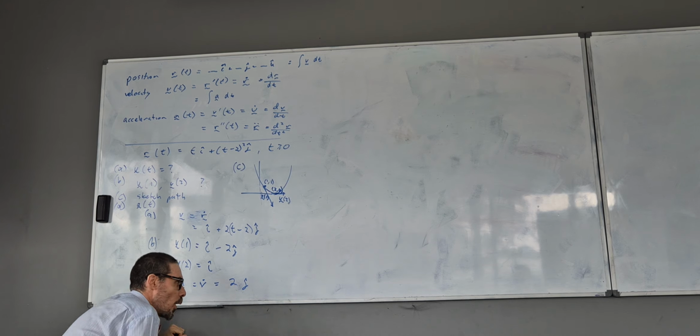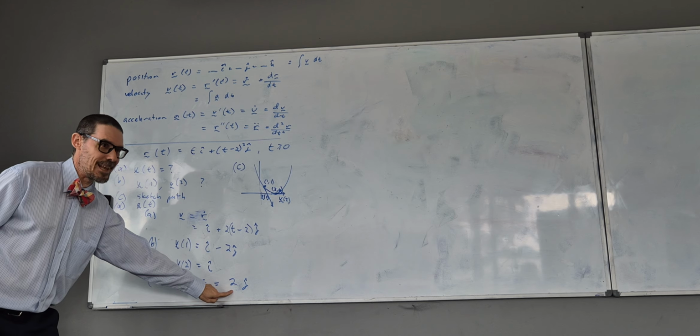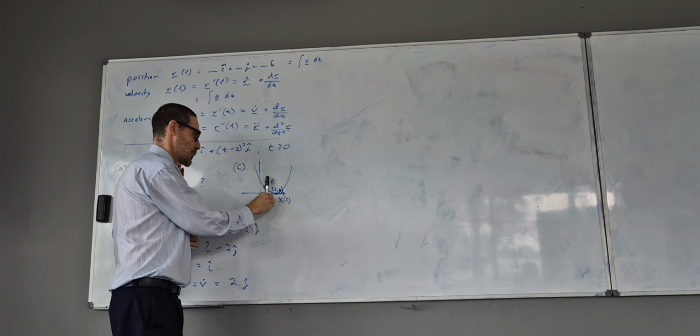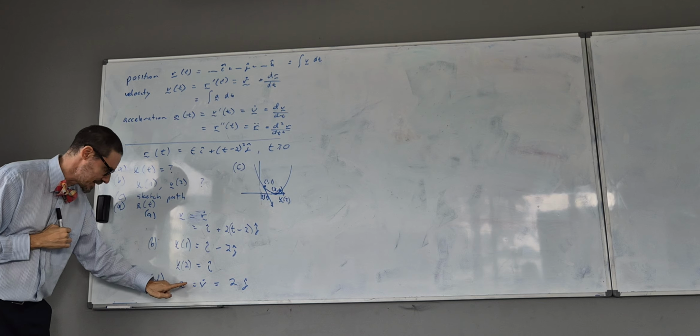It is 2. No, it's 2j hat. 2j hat. That's a vector. What you said was a scalar. I meant 2j hat. No, it's not what you said, is it? No. Be careful. Vectors and scalars are different. So in fact, its acceleration in this case is directly upwards. Directly upwards is its acceleration.